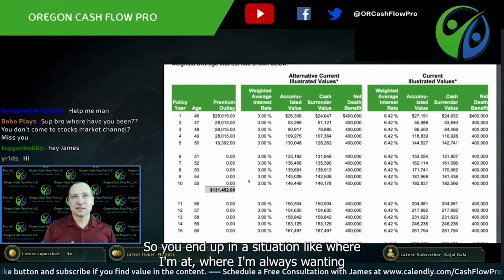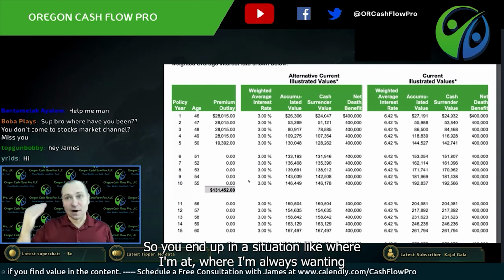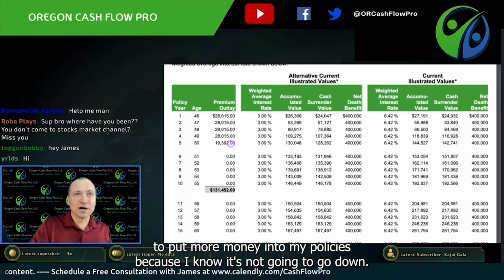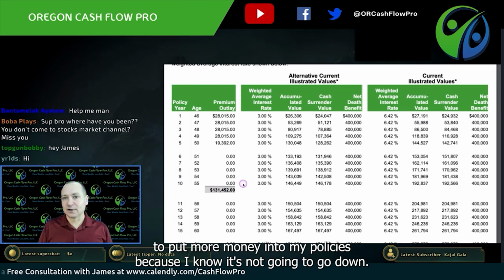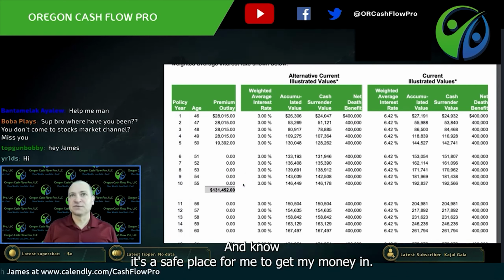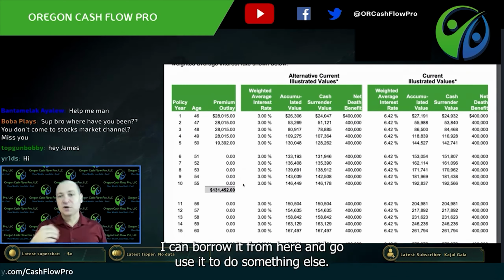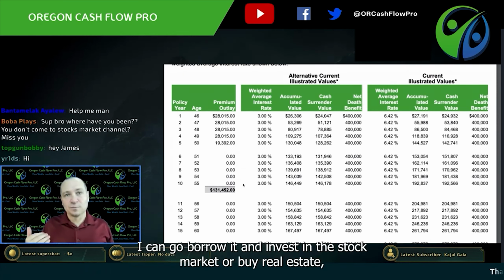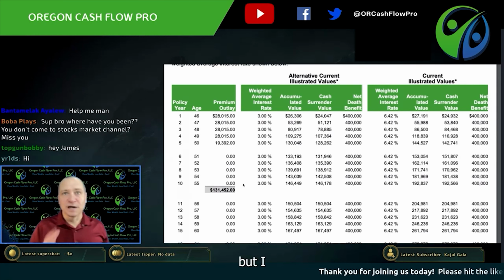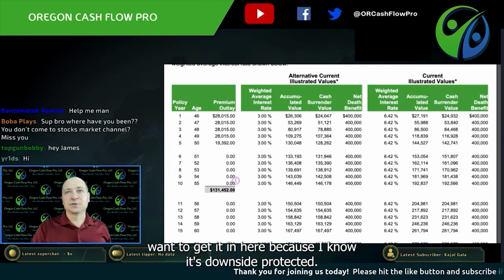So you end up in a situation like where I'm at, where I'm always wanting to put more money into my policies because I know it's not going to go down. I know it's a safe place for me to get my money in. I can borrow it from here and go use it to do something else. I can go borrow it and invest in the stock market or buy real estate. But I want to get it in here because I know it's downside protected.